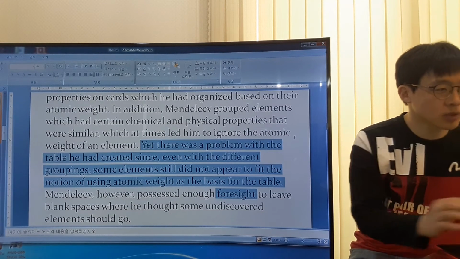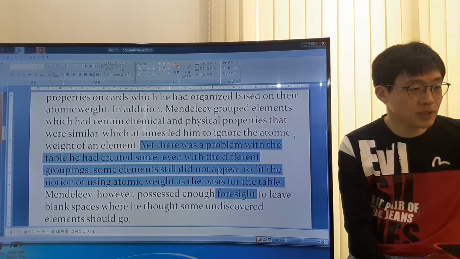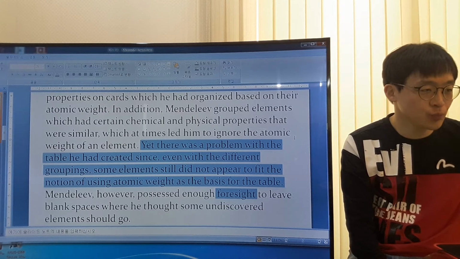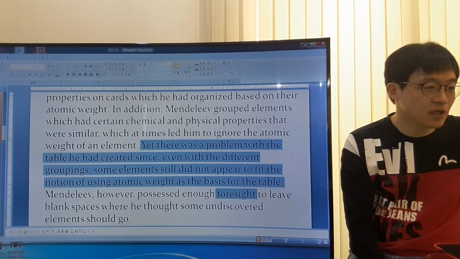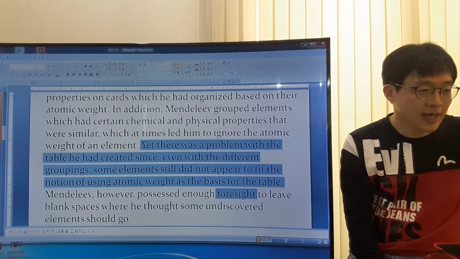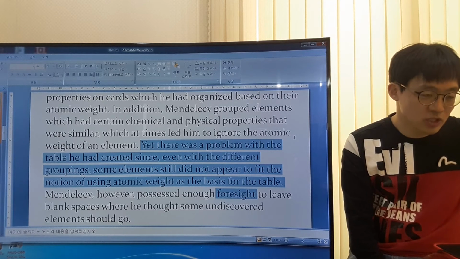But there was a problem with the table that he made, because even with the different groupings, some elements still did not seem to fit the idea of using atomic weight as the basis for the table.